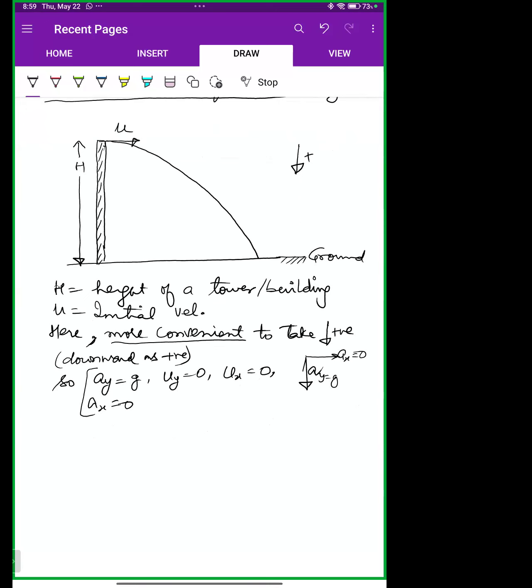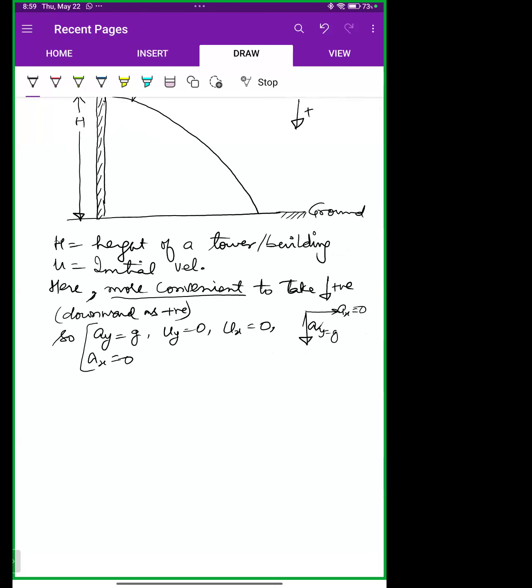Yes, sir. Okay, now I will use the six basic formulas. Those six basic formulas are universal. You can use them anywhere, as long as the acceleration is constant. Okay.